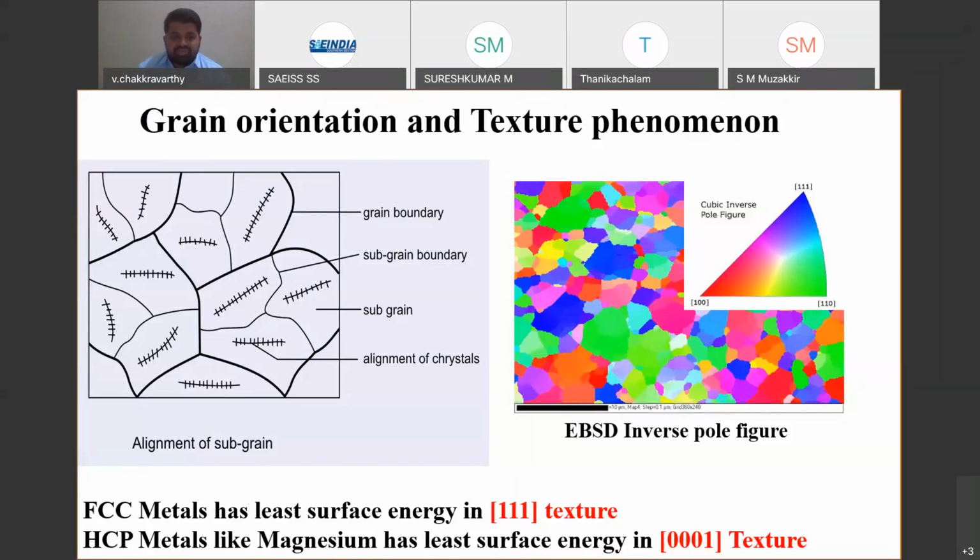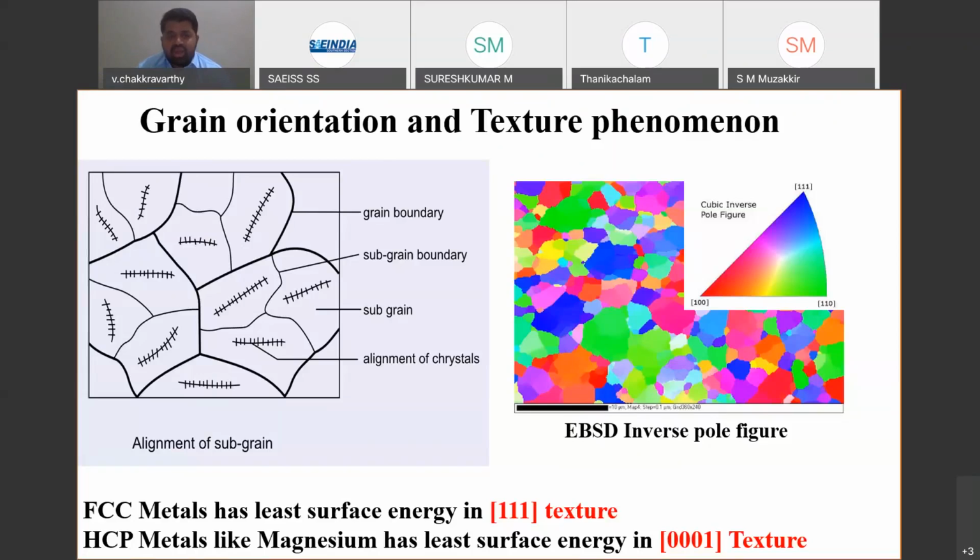They have proved with different FCC materials and different HCP materials also, that was already evaluated, and they have found that the surface energy was very low only in certain textures. So we cannot abruptly tell that a coarser grain will have a very high corrosion resistance and a finer grain will have a poor corrosion resistance.